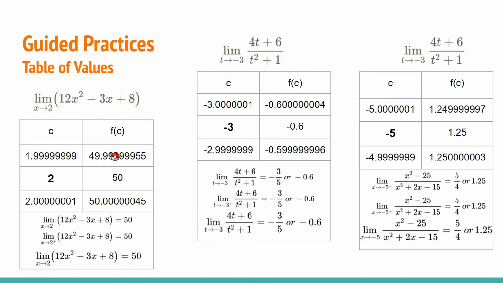So from the values that we got, we can determine that both one-sided limits approach 50. So if they are the same, that means the limit of this function does exist and is 50.